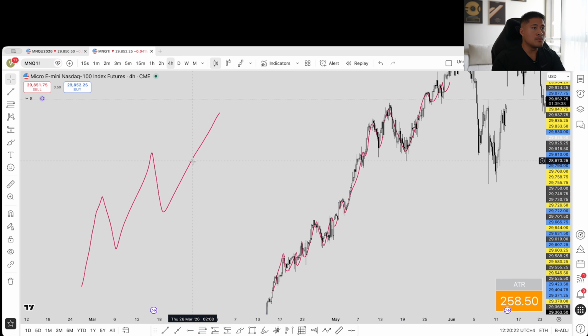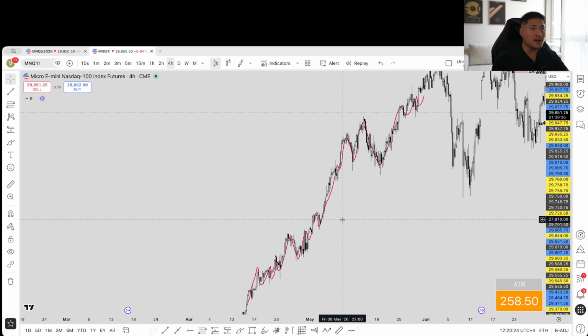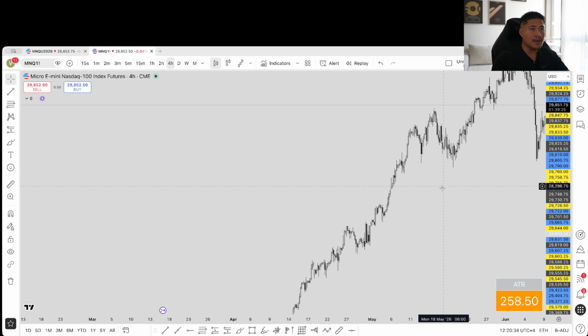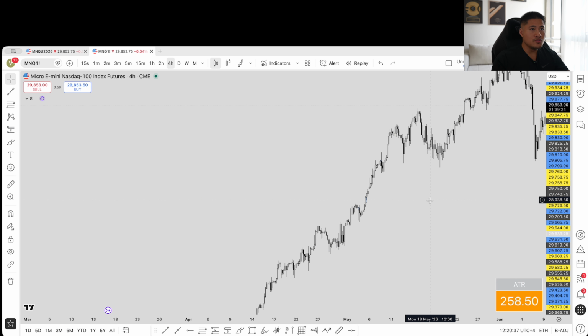That is how markets actually move in the real markets. And that's why it's also hard to precisely predict when it's going to reverse, or push upwards, or do the retracement.